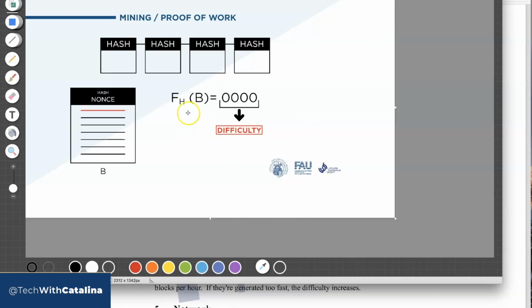Anyhow, so we know that the hash of the header of the block needs to start with a number of zeros, and whenever a miner is able to find a nonce that matches a certain number of zeros, that miner is going to win the competition, mine the block, confirm all the transactions, and win the rewards in the coinbase transaction.